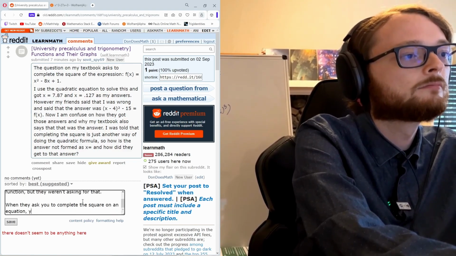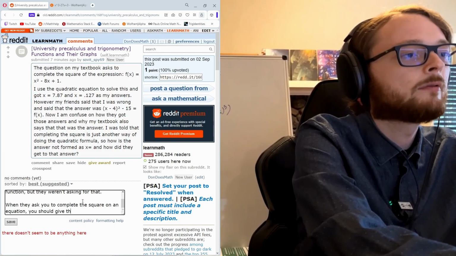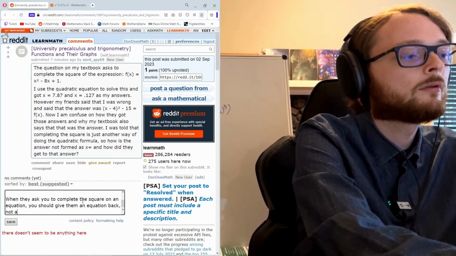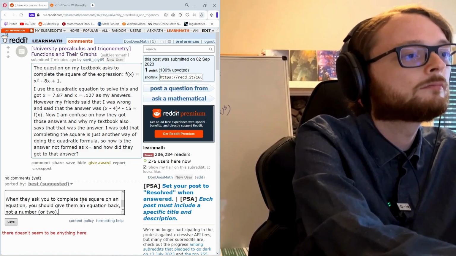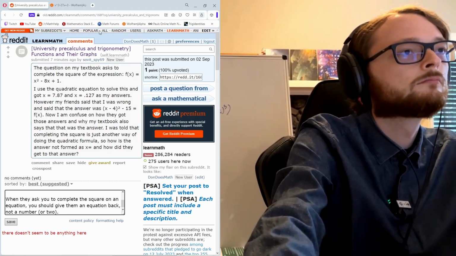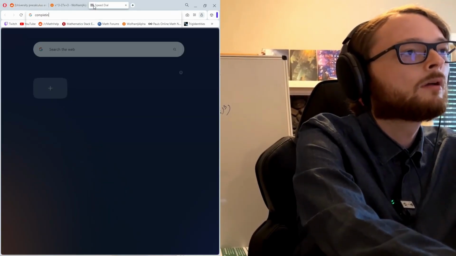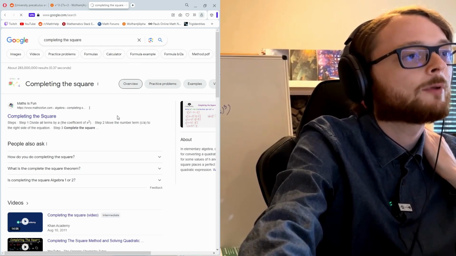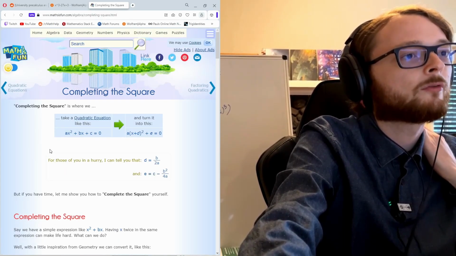Or, should give them an equation back, not a number, too. Completing the square. I want to show them an explanation of what completing the square actually is, because that seems to be what the misunderstanding is.